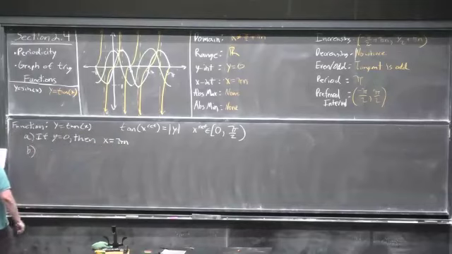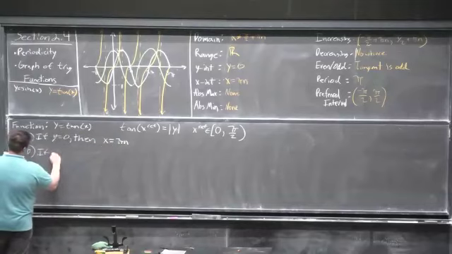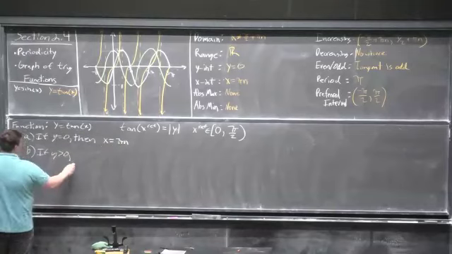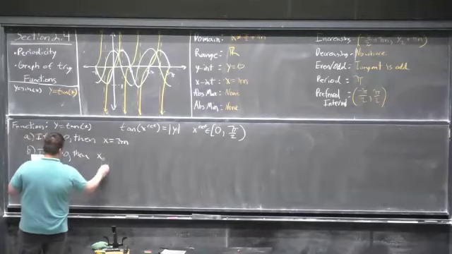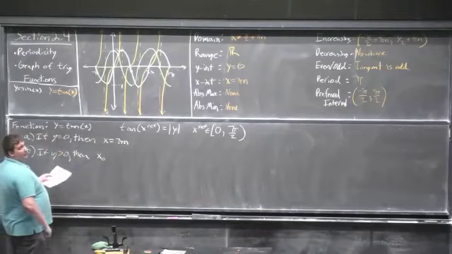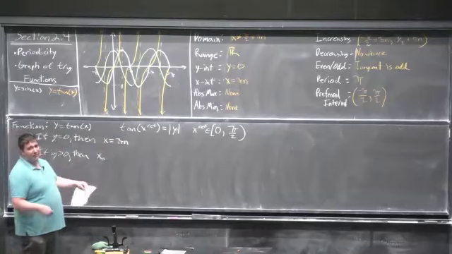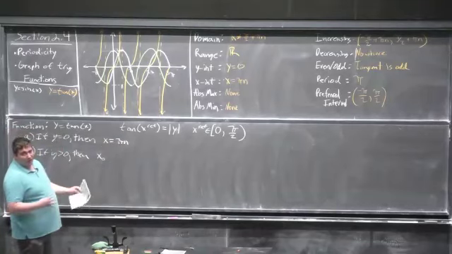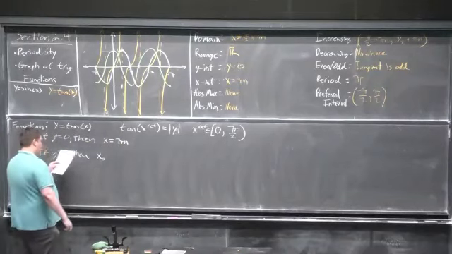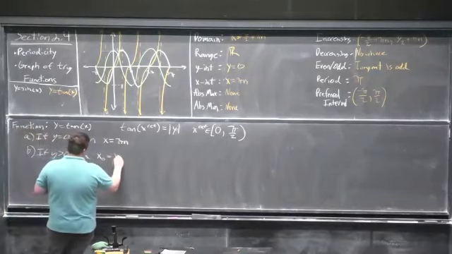B, if y is greater than 0, then x naught. I say x naught, I'm going to write x with a little 0. It's just saying my starting value. If you want to write x1, you're not wrong for doing that either. That's just going to equal my x reference.